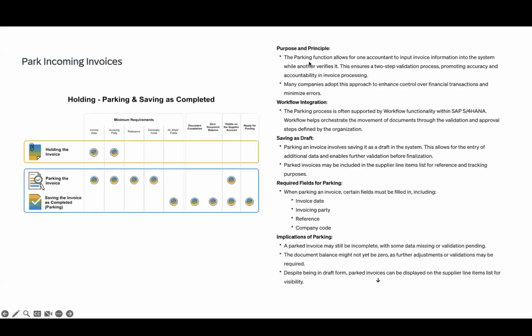Parking functionality allows for one person to enter and then a second person to go and look at that. So it ensures a two-step validation process there. I don't think this happens too much anymore.